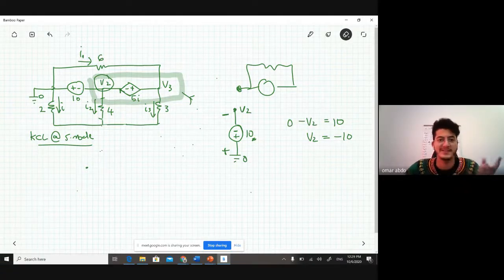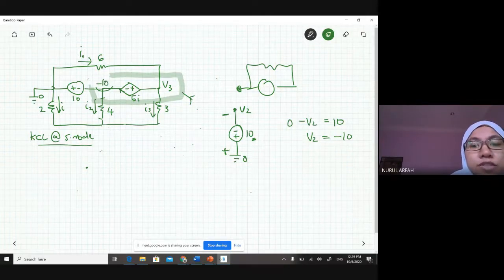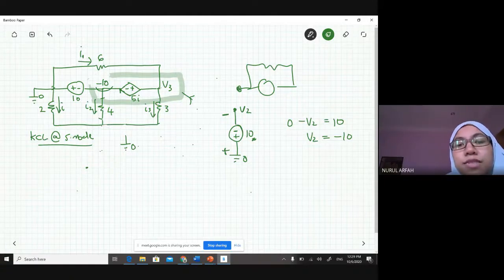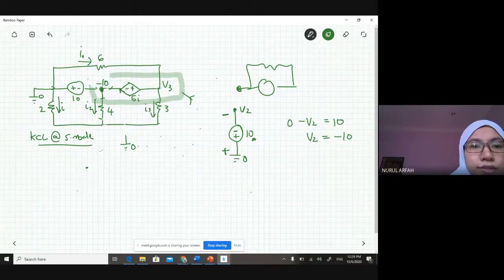After we change the ground, yes, it will be negative 10. That's why I said you need to consider the reference point so that you will not take your time to answer the questions. So please be careful. This point is your negative 10 and V3, and the rest.